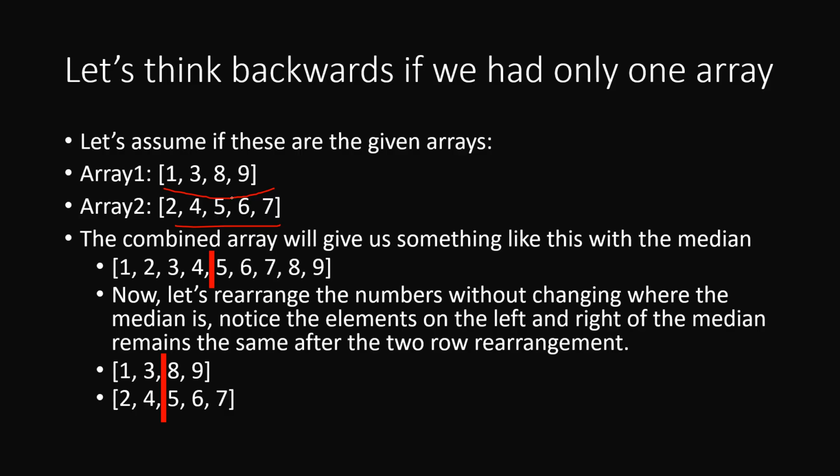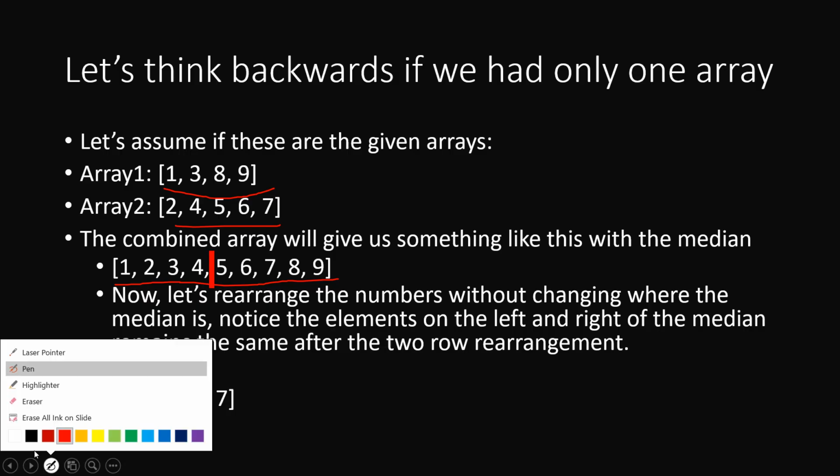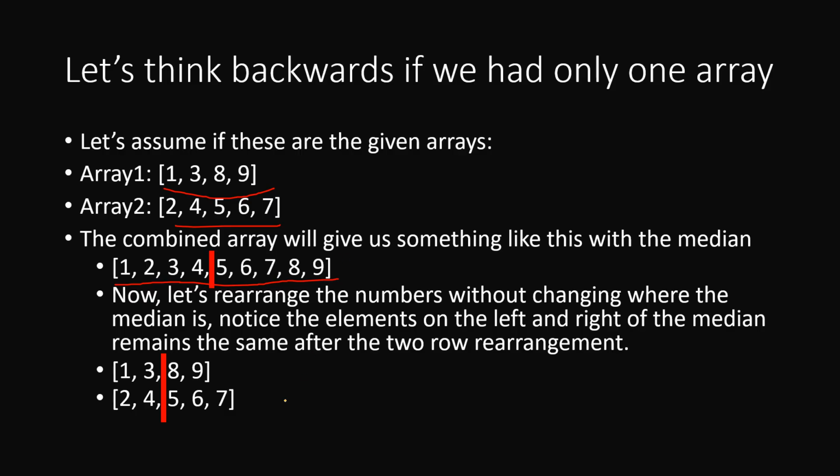What I want you to imagine is that we rearrange the numbers without mixing them up. I thought of doing this by enlarging the median line and rearranging in such a way that no number crosses to the other side or vice versa. In the original combined array we have 1 2 3 4.